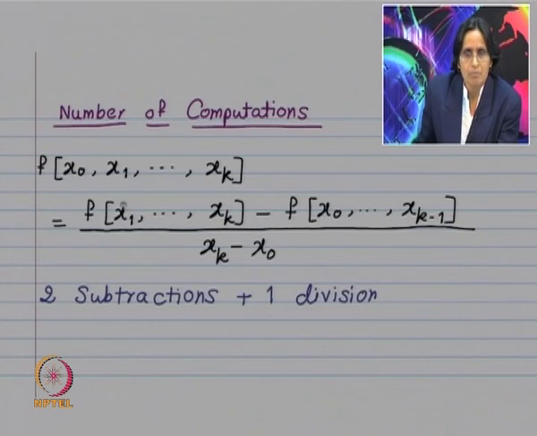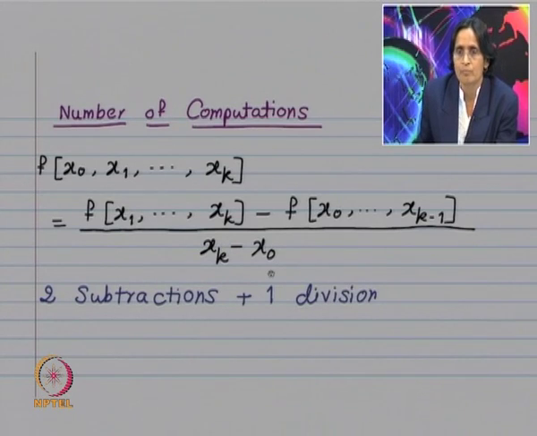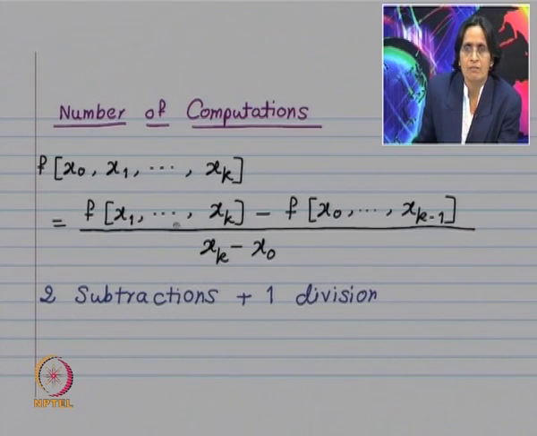So, here are k plus 1 points, here are k points, here are k points. In case we have the divided differences based on k points available, then what we need is one subtraction here, one subtraction here. So, total 2 subtractions and then one division.